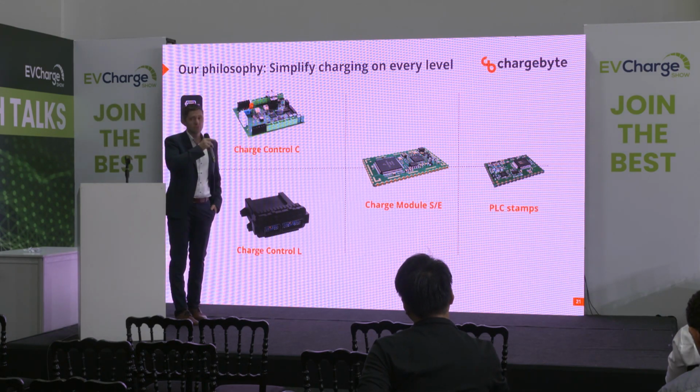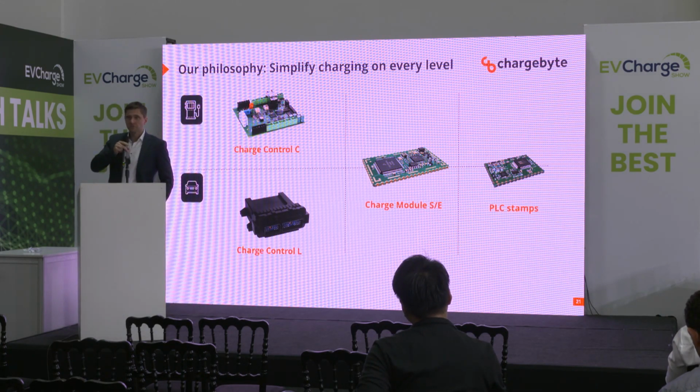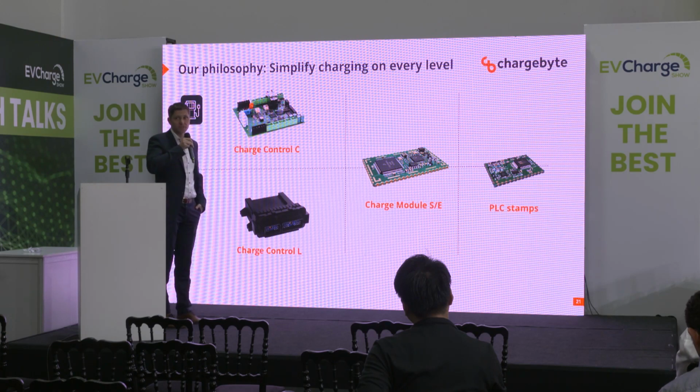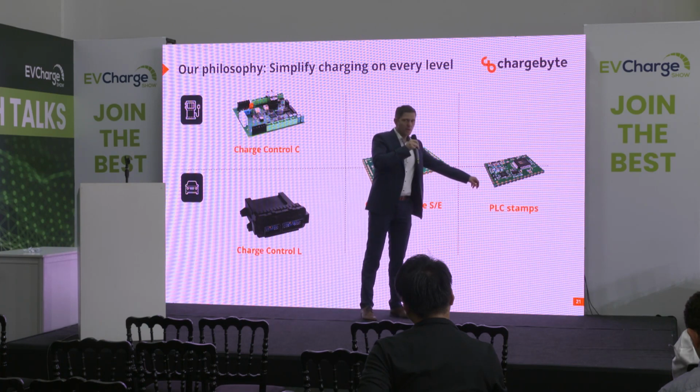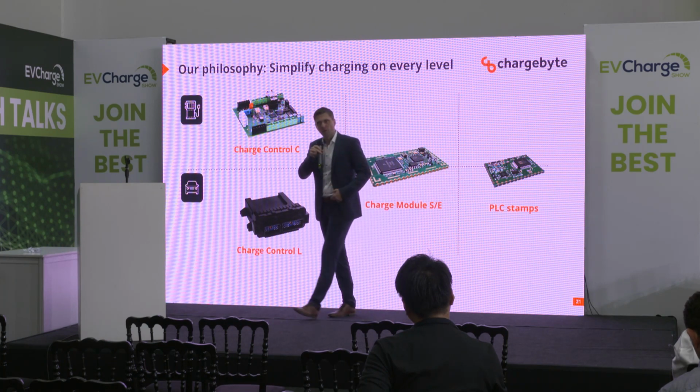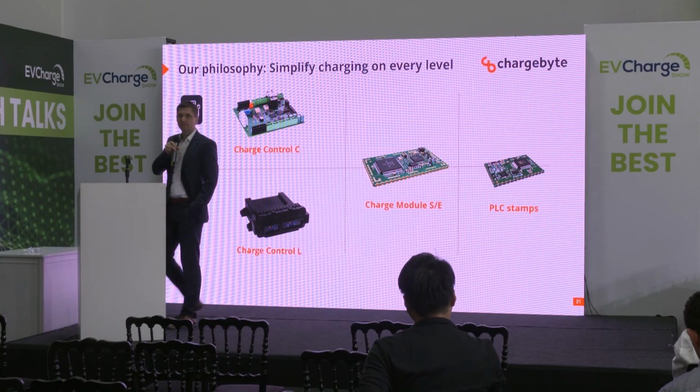Here is a conclusion. So this is what we understand in simplifying charging communication. If you are actually a software company and you have an idea how V2G is working, but if you struggle a bit with powerline, then you can just integrate powerline chips and use these powerline chips.